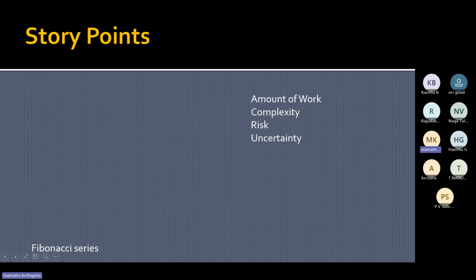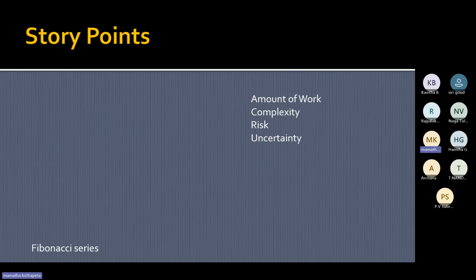Now, how complex is that requirement? Whether it is medium, very tough, or requires very complex programming, we'll give a number rating to it. Then we'll look at risk. The Scrum Master will assess the risk, and the tester can also tell the risk: hey, Scrum Master, this requirement is very typical and we need to do a lot of analysis on this part.